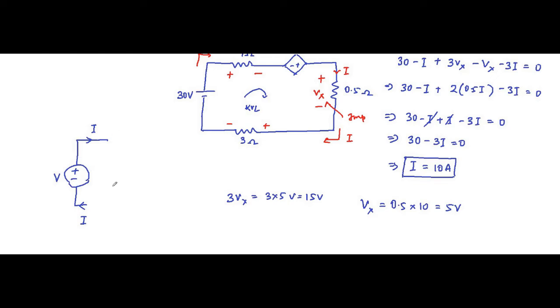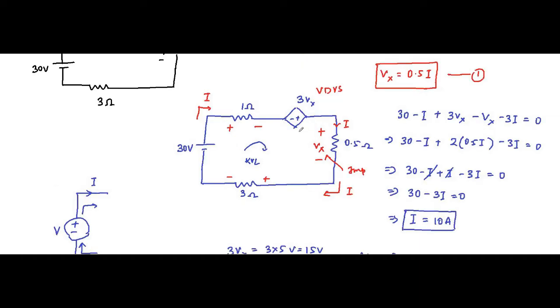This source V is supplying power because current is flowing away from the positive terminal and into the negative terminal. Here also the same thing is happening. If you see here, this 3Vx voltage source, current I is flowing into the negative terminal away from the positive terminal.